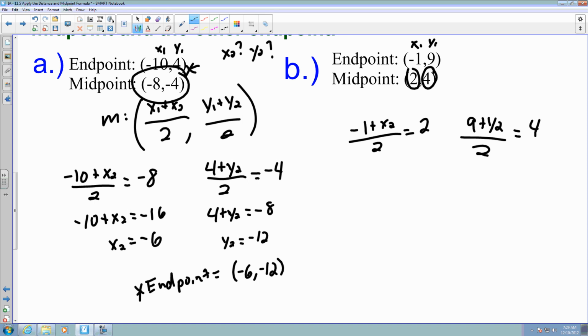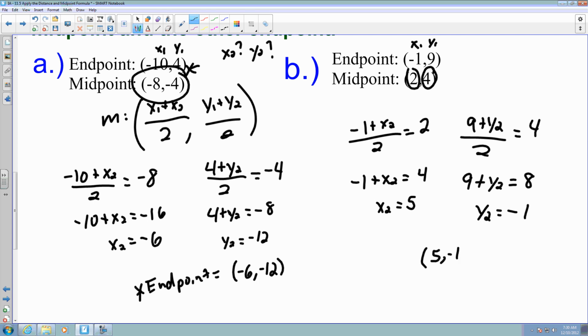Solving for x2, multiplying both sides by 2 gives me negative 1 plus x2 equals 4, and adding 1 to both sides gives me x2 equals 5. Doing the same thing for my y value, multiply both sides by 2, so 9 plus y2 equals 8. Subtracting 9 from both sides, my y2 equals negative 1. So my other endpoint is the coordinate 5 comma negative 1.